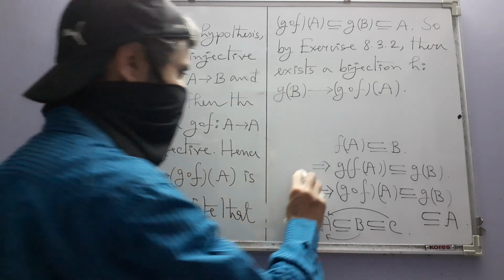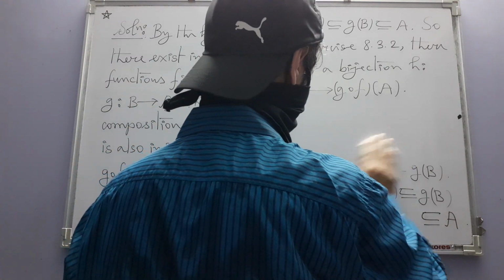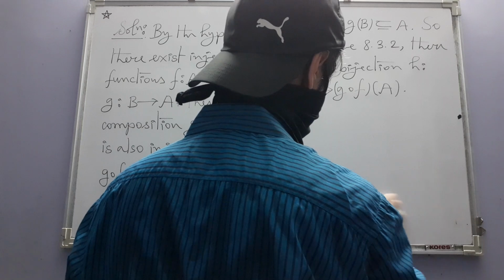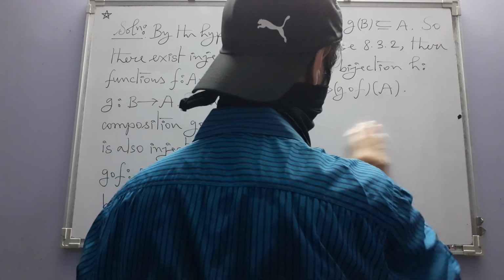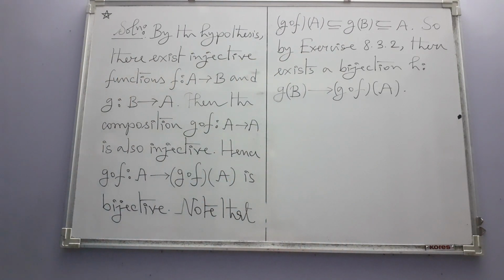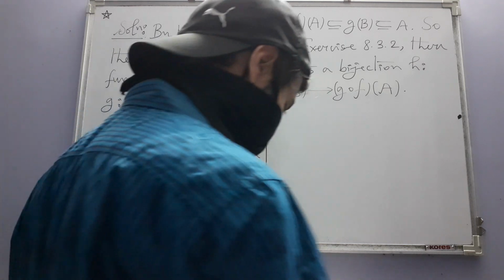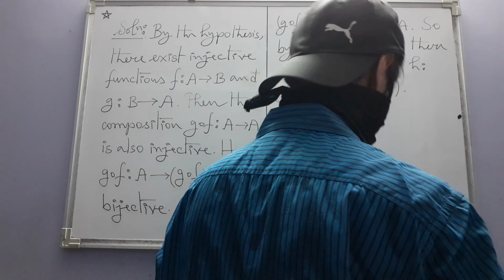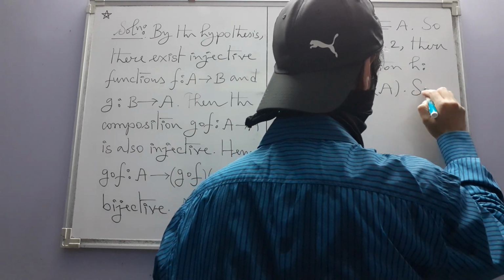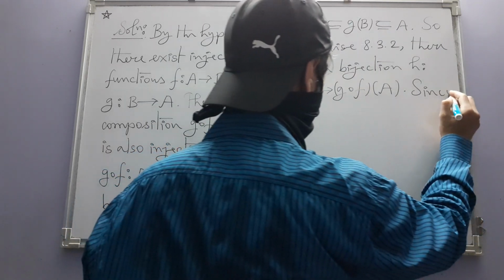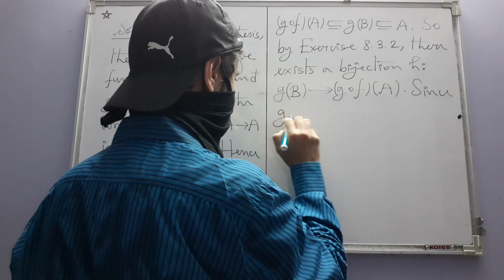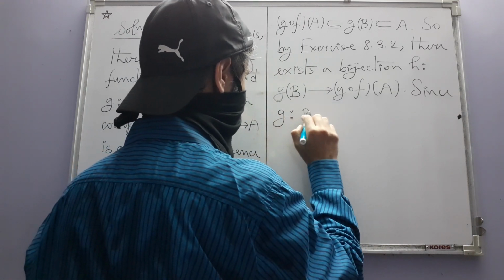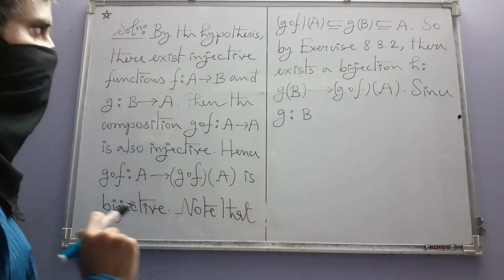Now we can think of another composition of not two functions but three functions that will give us what we want, and that composition is this. Since G from B, originally G was a function of what kind?